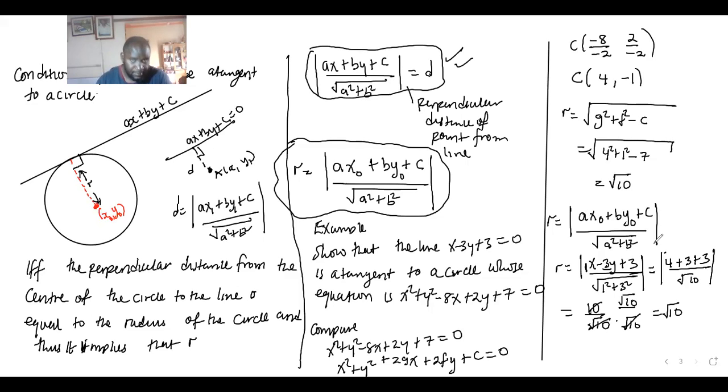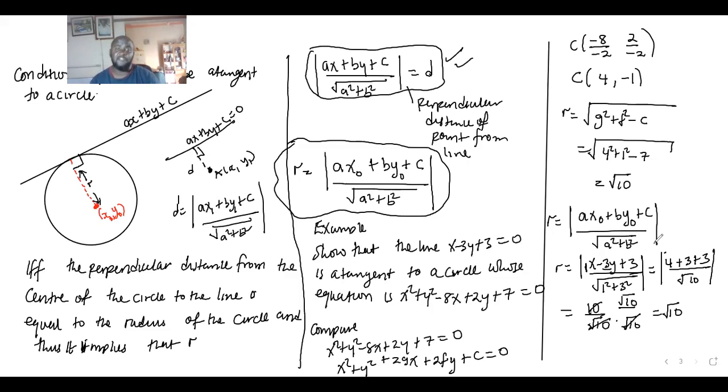I'm saying that if you want to conclude in English, you can say that since the perpendicular distance from the point (4, -1) to the line x minus 3y plus 3 is equal to the radius of the circle, then the line x minus 3y plus 3 is a tangent to the circle.